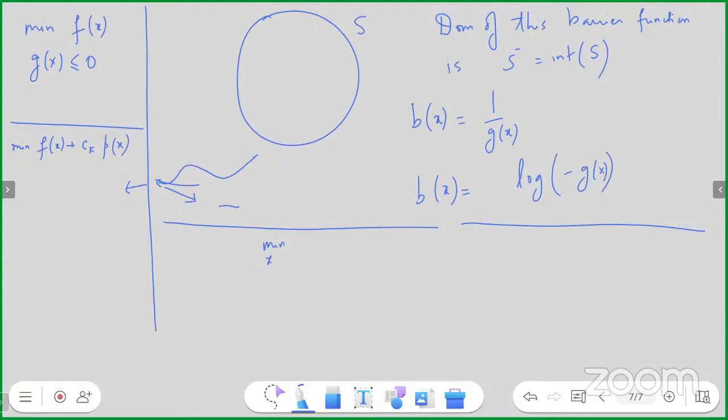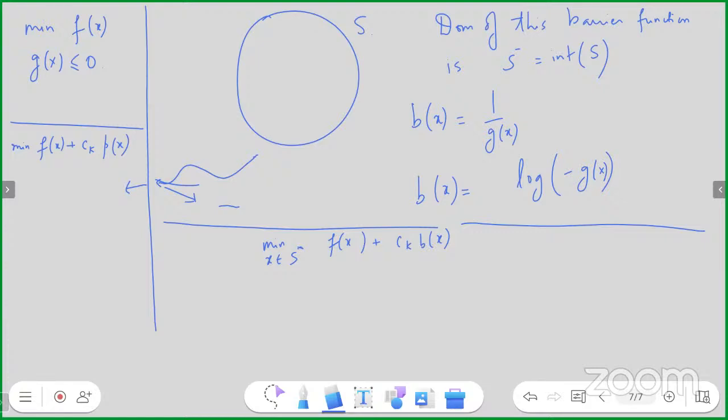Minimize, x belongs to S, f of x plus c_k b of x. There should be no k here. Alright. So the only difference is it's not completely unconstrained.